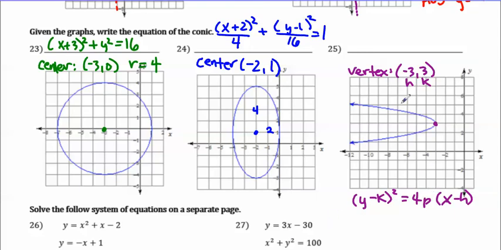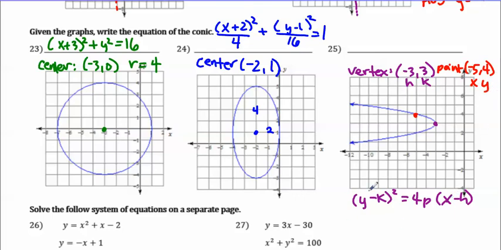So I can see that there's a point right here, and I'm going to use that point, negative 5, 4. So I'm going to substitute negative 5 for the x and 4 for the y.